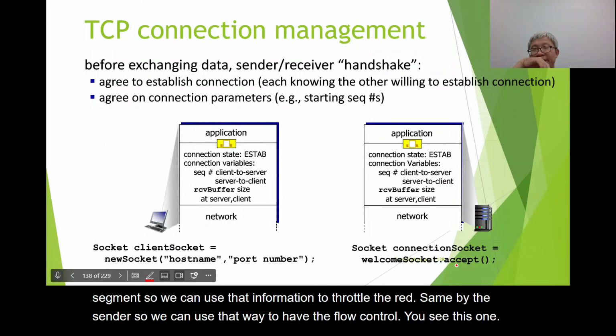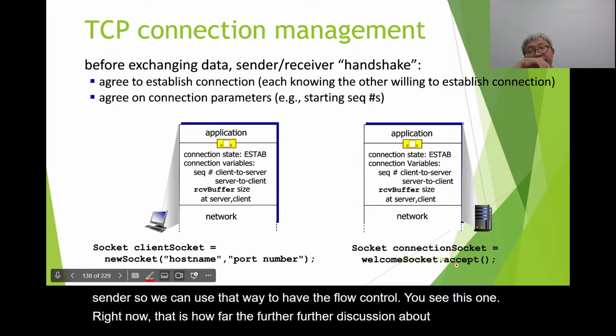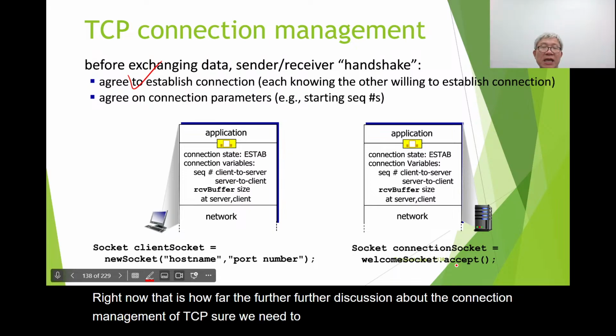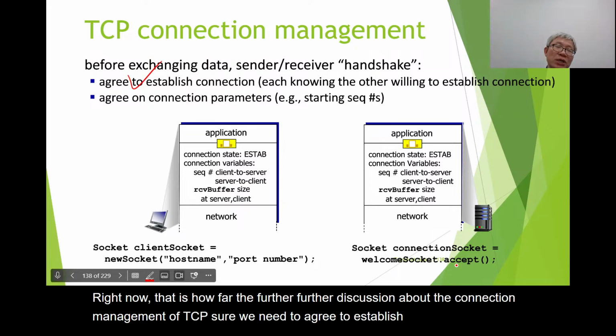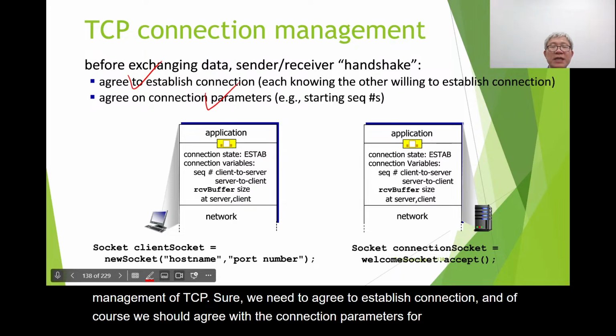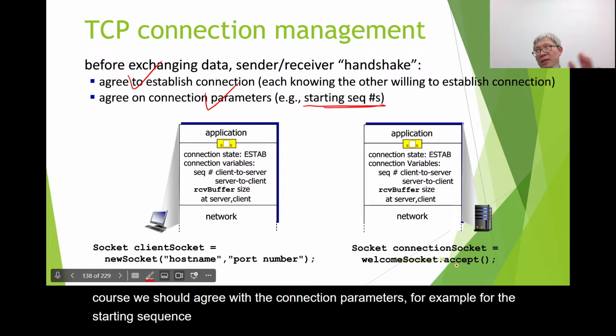Right now, let us have further discussion about the connection management of TCP. Sure, we need to agree to establish a connection, and of course we should agree on the connection parameters. For example, the starting sequence number doesn't have to start from 1.